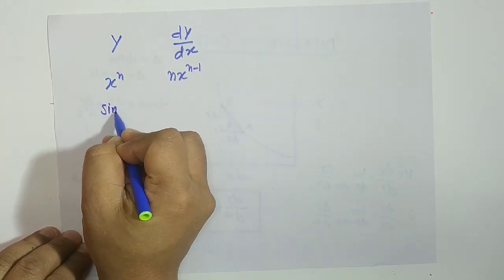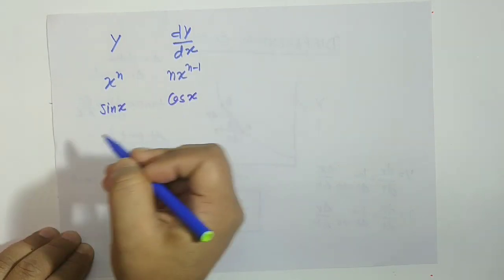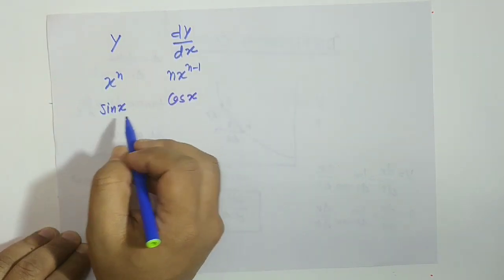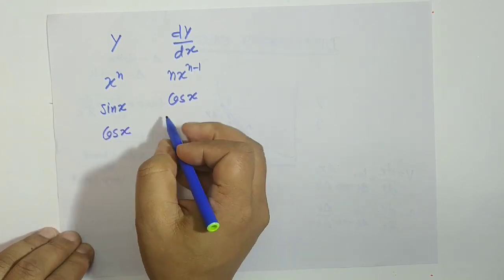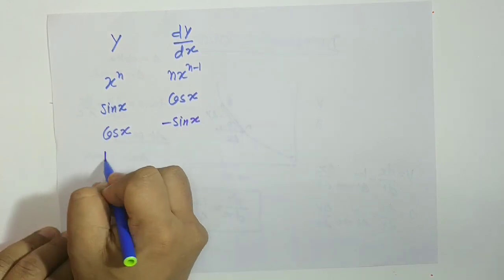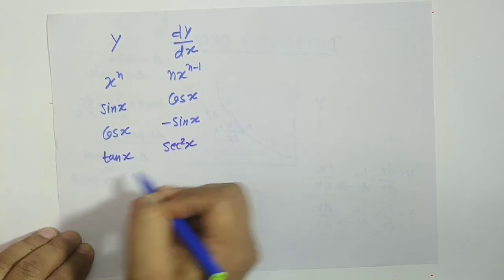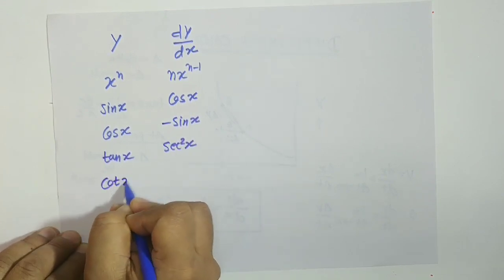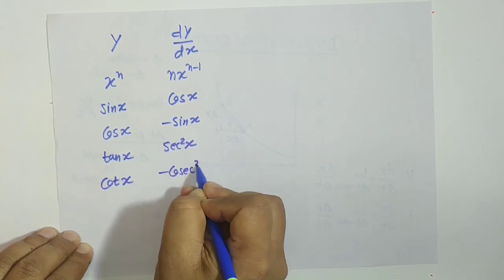Sin x, though not all are going to be used in physics, maybe in class 12th also. Cos x. Similarly, if I ask you what is the differentiation of cos x, it is minus sin x. Then tan x is sec square x. Then cot x, these are all mathematical, is minus cosec square x.